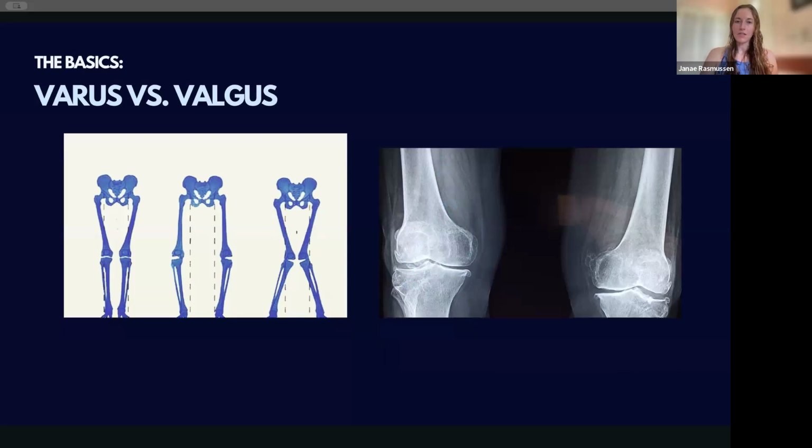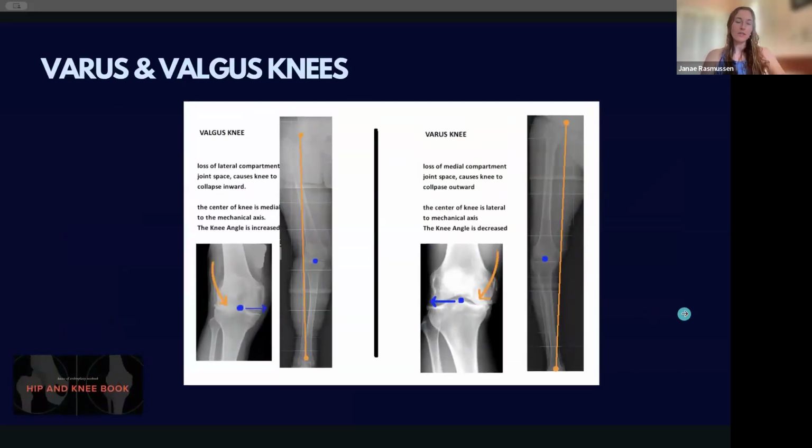And this image here is from the hip and knee book, which I'll talk about at the end. This is a great resource that I still use as a resident, where they talk about joint arthroplasty. This is an example of how we might talk about a valgus or a varus knee. It's really just understanding where the midline of your joint is, and whether you see angulation going towards the midline or away from midline.